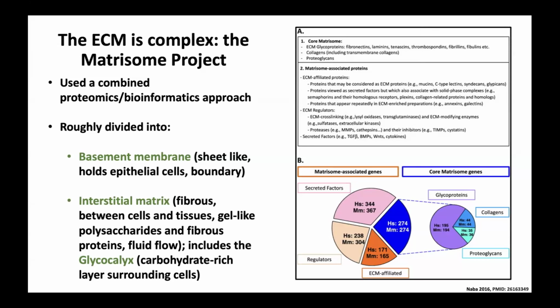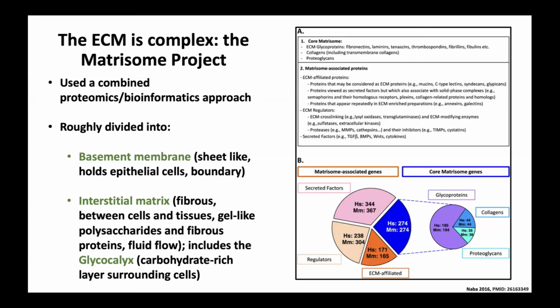They may include soluble factors that are binding to the ECM. They may be cross-linkers or other kinds of regulators or proteases that determine the function or the structure of the ECM. So there's a ton of different components of the ECM. There are these core components and then these associated components.